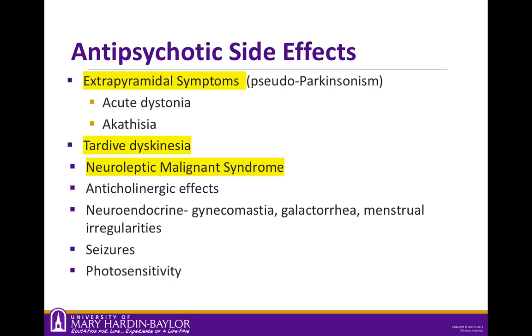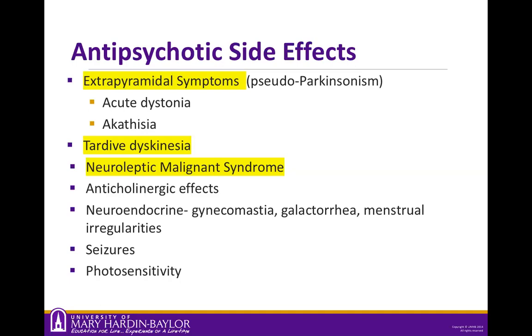The other one that's important is neuroleptic malignant syndrome, and that is not good. Usually they've got too much of the medication, and it can sometimes happen suddenly. But a lot of times it's a very, very high fever and a lead pipe rigidity, and that is an emergency. And then the other usual ones are the anticholinergic effects.